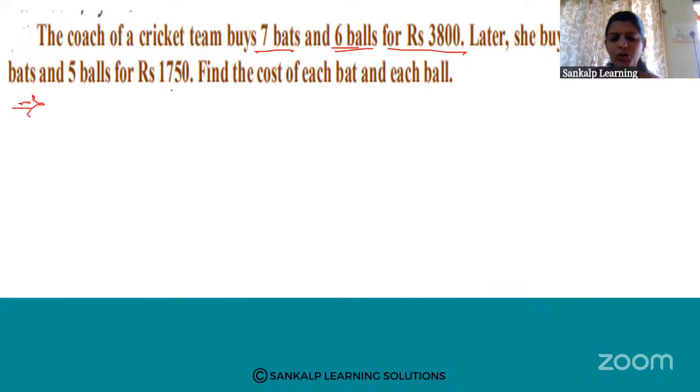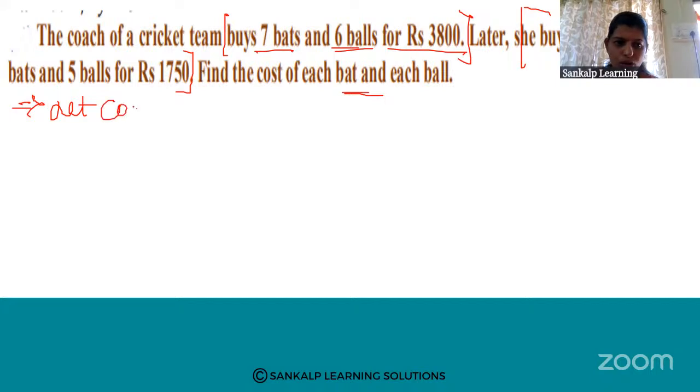So here also we'll have two equations. One for 7 bats, 6 balls for 3,800, and she buys 3 bats and 5 balls for 1,750. So here also, what they have asked: find the cost of each bat and each ball.